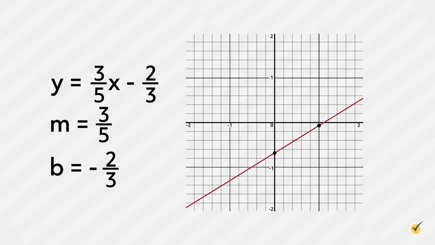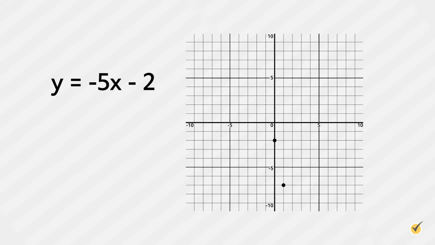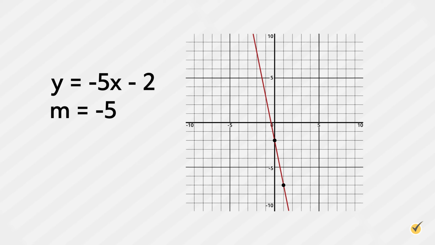Let's try one more. y equals negative 5x minus 2. The slope is m equals negative 5. Negative slope means that the line slants downward from left to right. The line crosses the y-axis at the point (0, negative 2). As you can imagine, knowing where the line crosses the y-axis and the slope of the line will make the line very easy to graph.